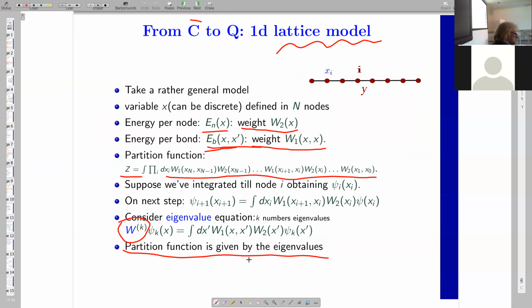Let me perhaps stress right away what a transfer is. Transfer is a transfer from side to side, or in quantum terms, it is a transfer in imaginary time.